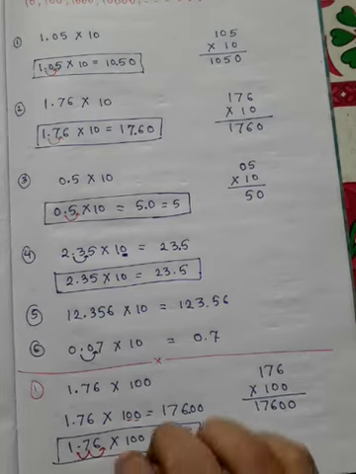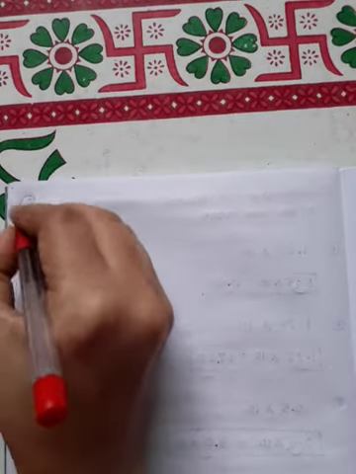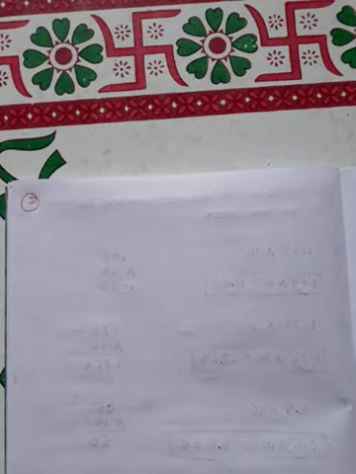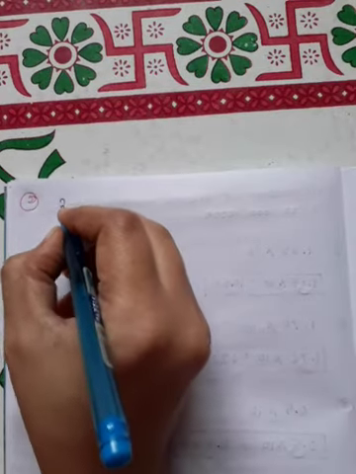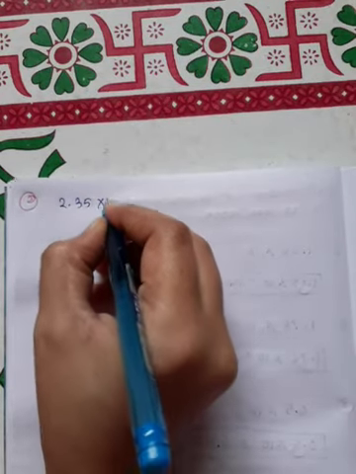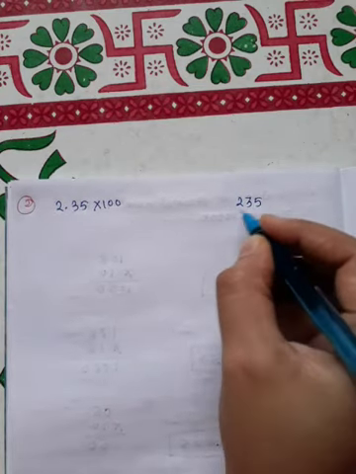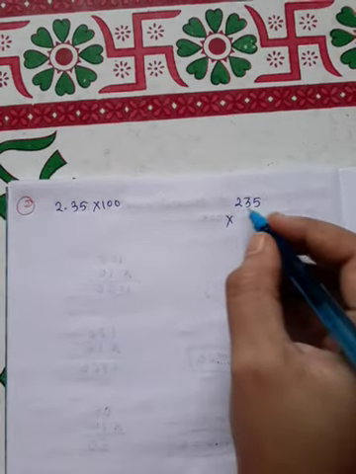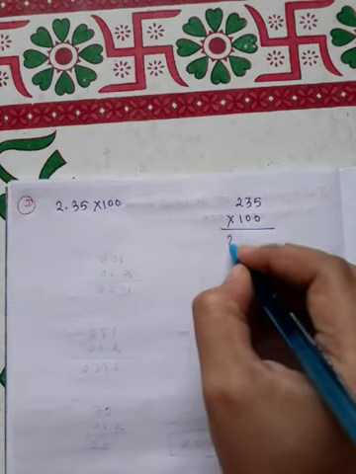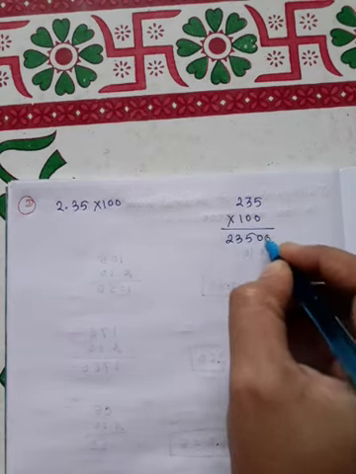Okay, now see the second example. 2.35 into 100. Ignoring the decimal point, the number is 235. 235 into 100 is 23500.